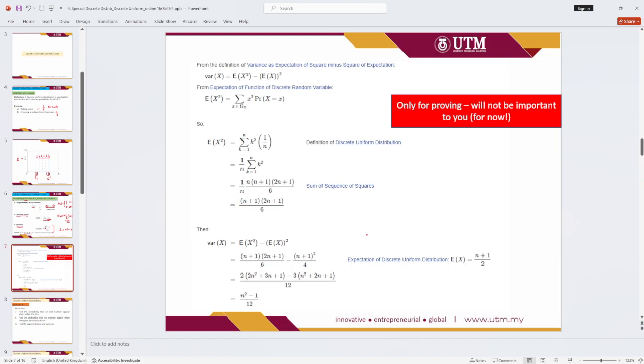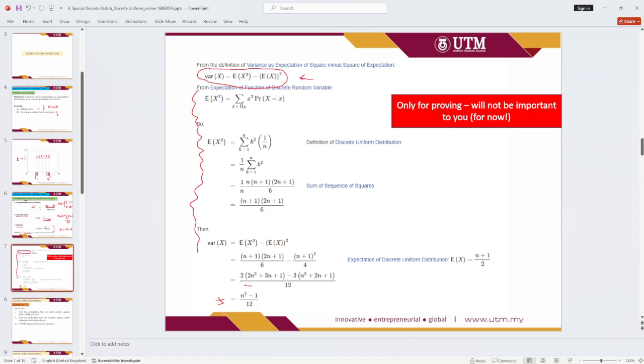So this is the proof. It still uses E[X²] − (E[X])², but it has been simplified, and in the end you get (n² − 1)/12. This is why it is a special distribution, because we can straight up get the variance without having to use the formula up here.